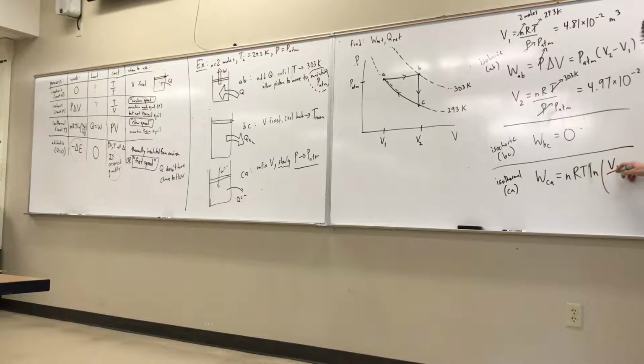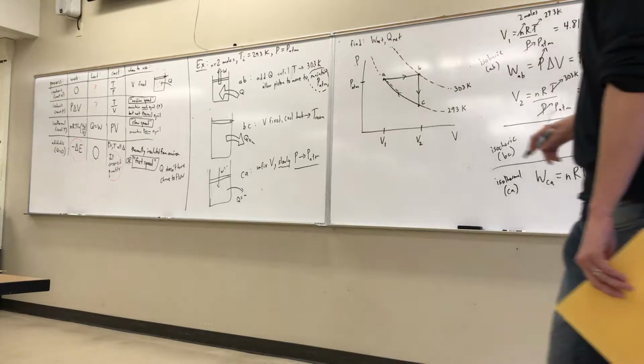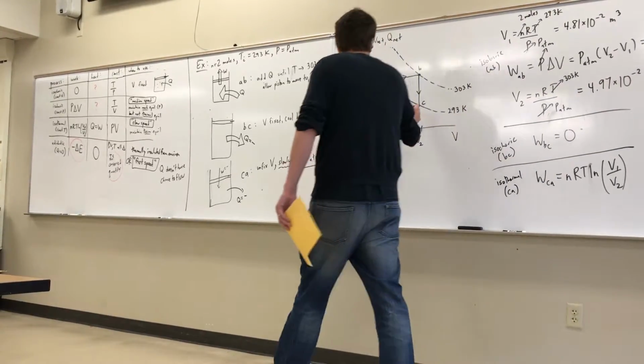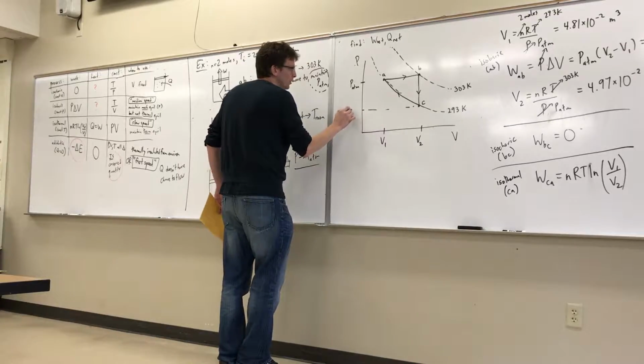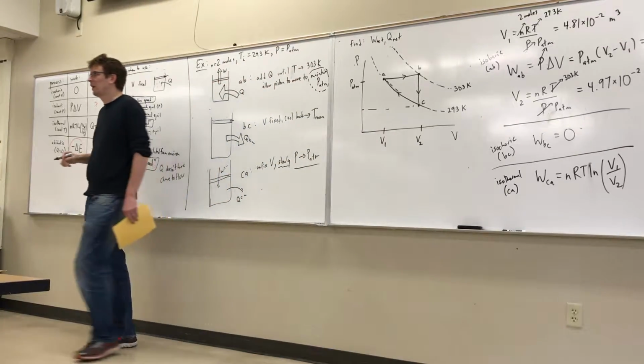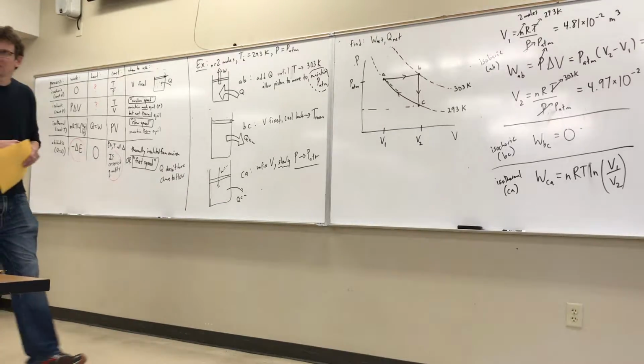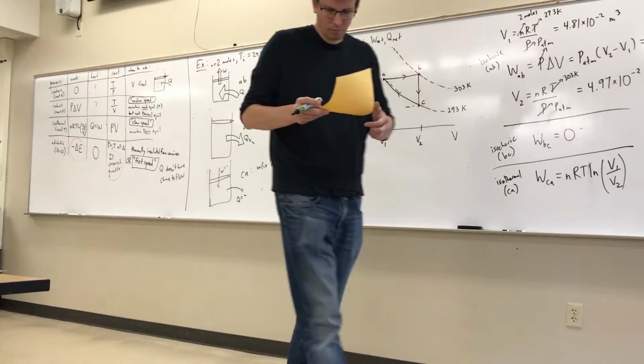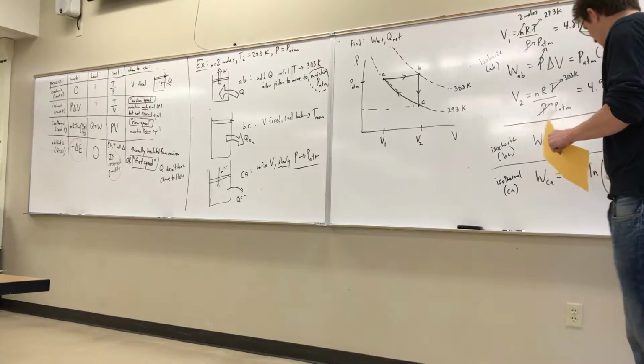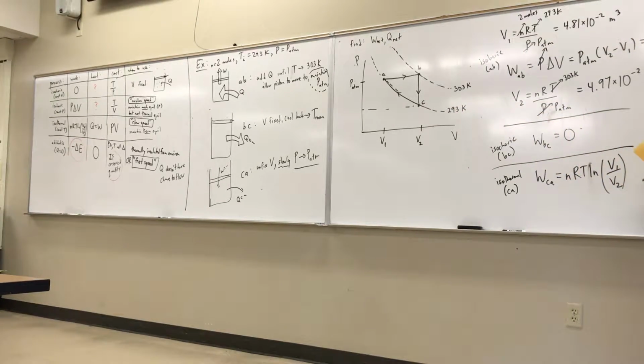So we end up at V1, having started at V2. I think I have those volumes already, right? Yeah, I have everything, so I don't actually even need to find this pressure. It's somewhere below atmospheric, but it's not necessary to figure out. If I needed to, I would just use the ideal gas law. So we just go ahead and put everything in, and this should come out to be negative 159 joules.